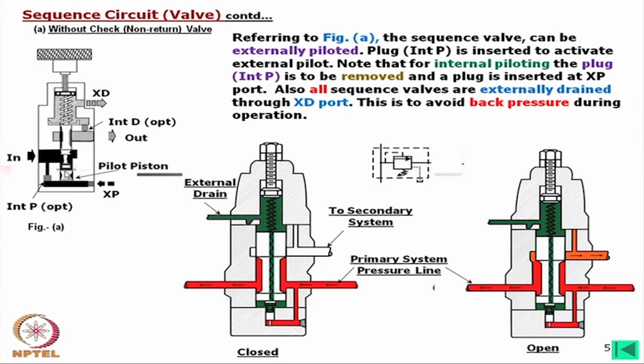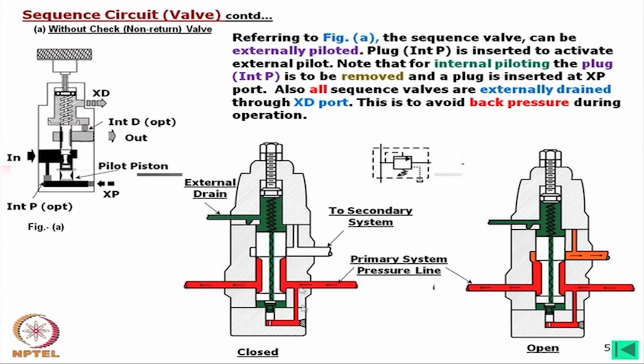If we allow the oil from this side also, this will be balanced, it will not move. But when the pressure increases so that the pressure differential is able to move this one, then again it will open. So in this case, both internal and external piloting are possible. External draining is a must to avoid back pressure.